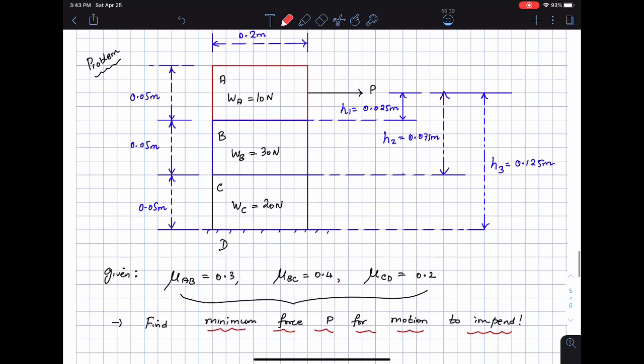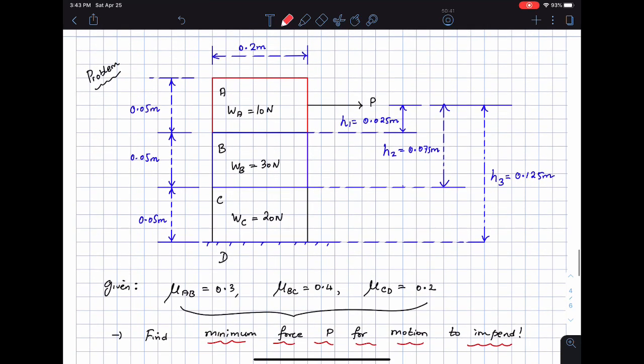And how do we do this? The first thing is you always want to look at the different cases of impending motion, list down all these cases along with the friction equations, and as you know, we will call the friction force F mu. Between bodies A and B, it will be F mu AB, and so on and so forth, and likewise for the normal forces. So I'm going to list the cases of impending motion first.